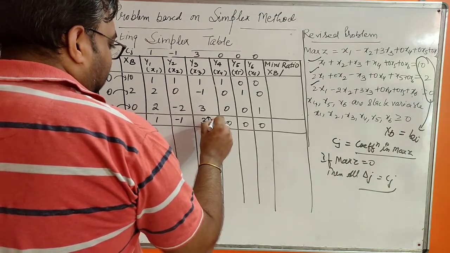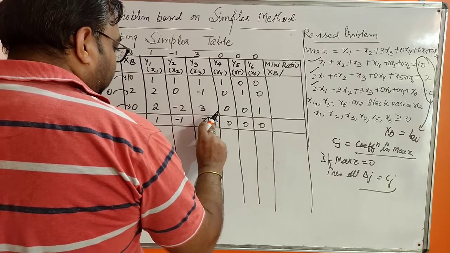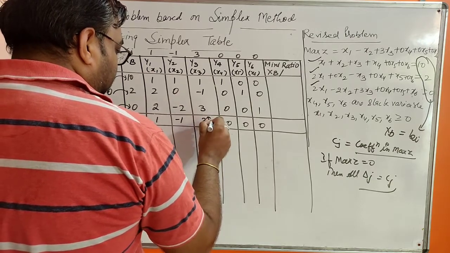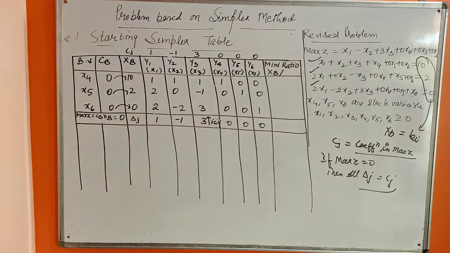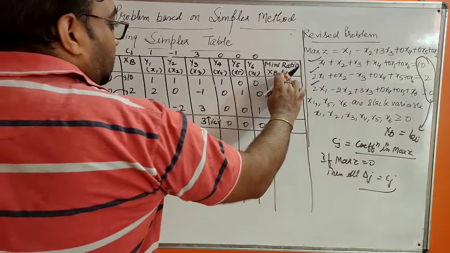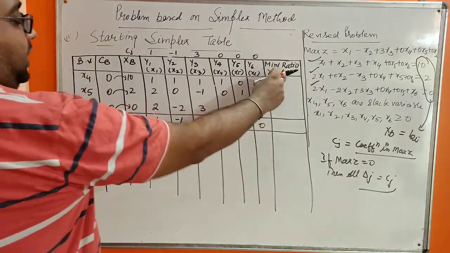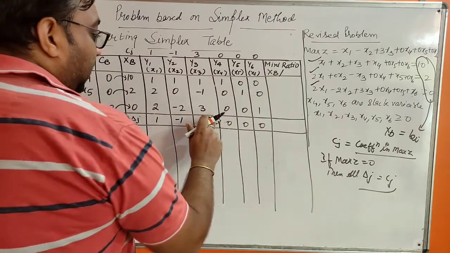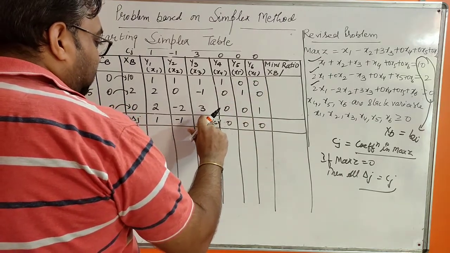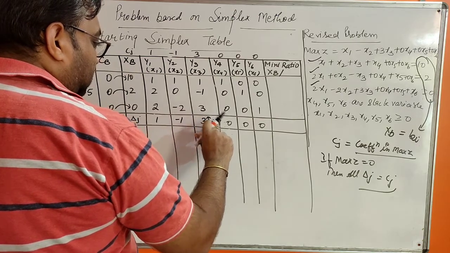and write here ICB, that is incoming vector column. So the minimum ratio is found by XB upon ICB. Please refer to my previous lecture for the entire algorithm.